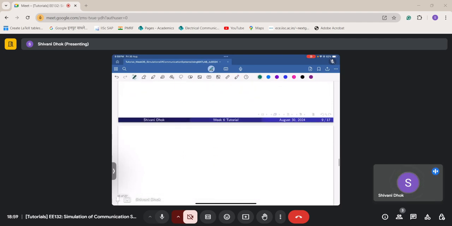So next thing that we need to know is what are the all zero filter and the all pole filter. First we'll look at the all zero filter. It means that no poles exist, only zeros exist.